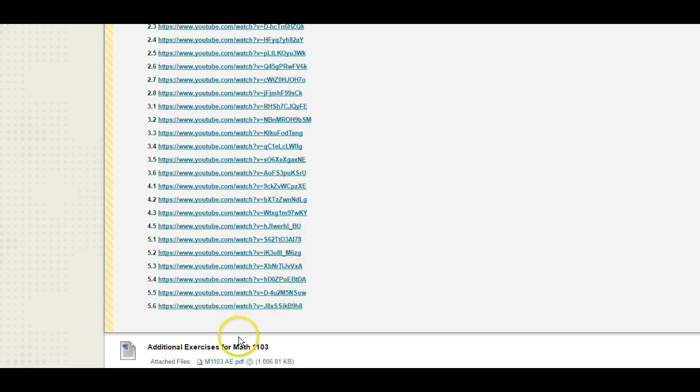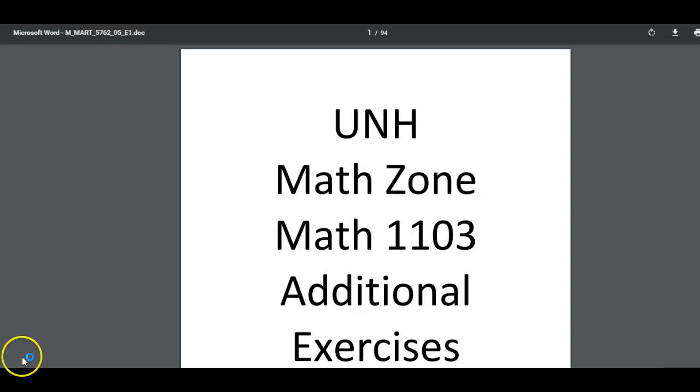But I thought what I'd do is go over, down at the bottom here, some additional work on fractions. So that's what we're going to do.